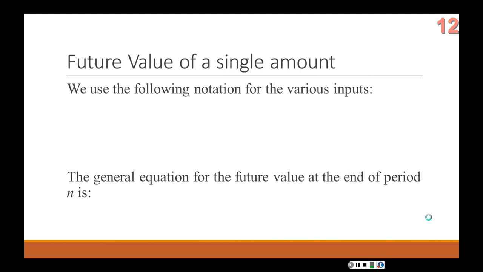So now that we kind of understand the basics, we can put this into formula. For the formula, we're going to use these inputs. FV is the future value. PV is the present value.